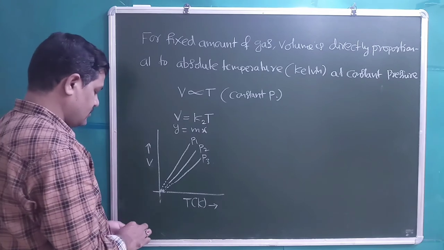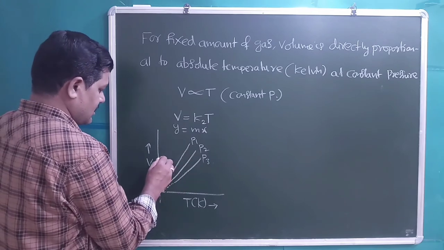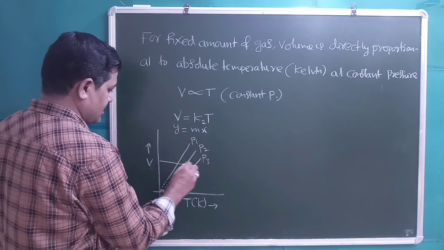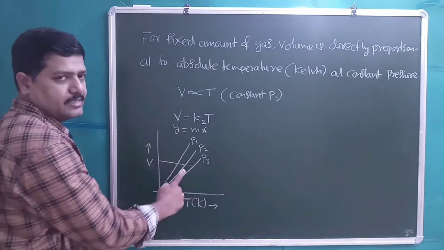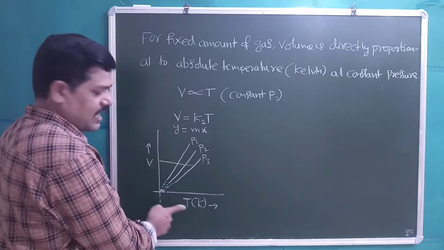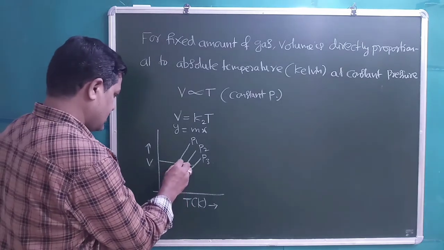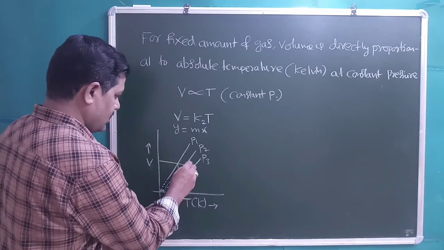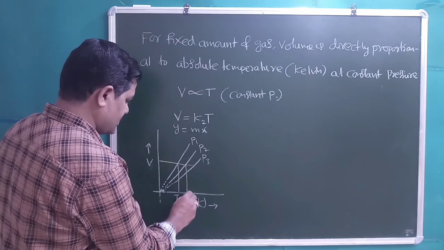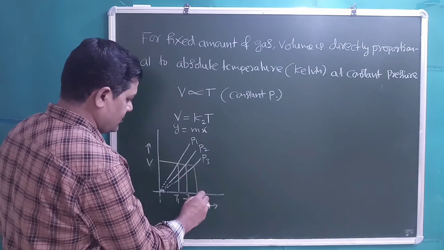Students, to know the order of the pressures, let us keep the volume constant now. We draw a straight line which cuts these three lines and is parallel to the x-axis. The corresponding temperature values are T1, T2, and T3 for graph 3.